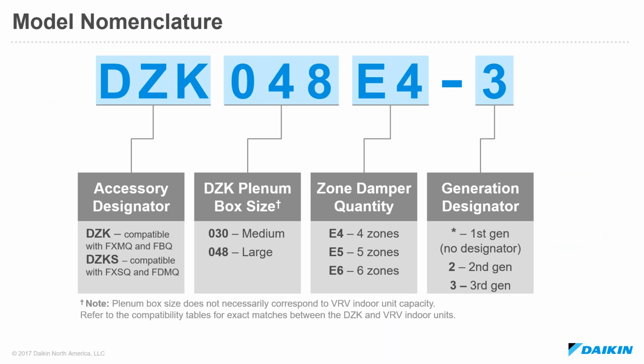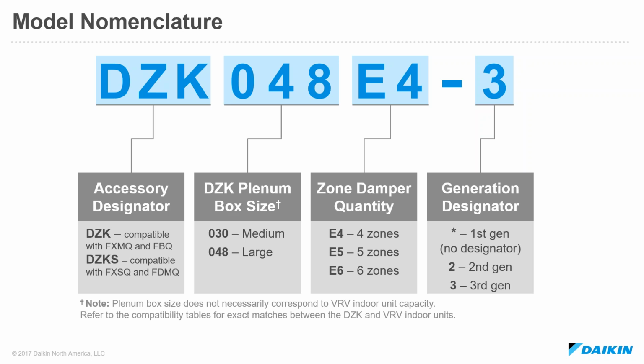So from a model nomenclature standpoint, it's relatively straightforward. We've named this DZK, and then with the introduction of this new FXSQ and FDMQ compatible series, we're adding DZKS for an FXSQ or FDMQ compatible DZK. So the model number is DZK or DZKS, and then we'll see a 048, a 030.